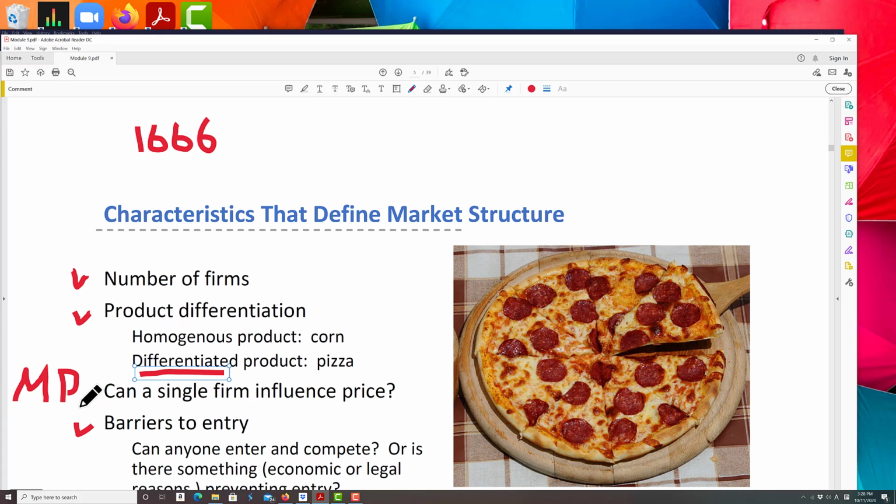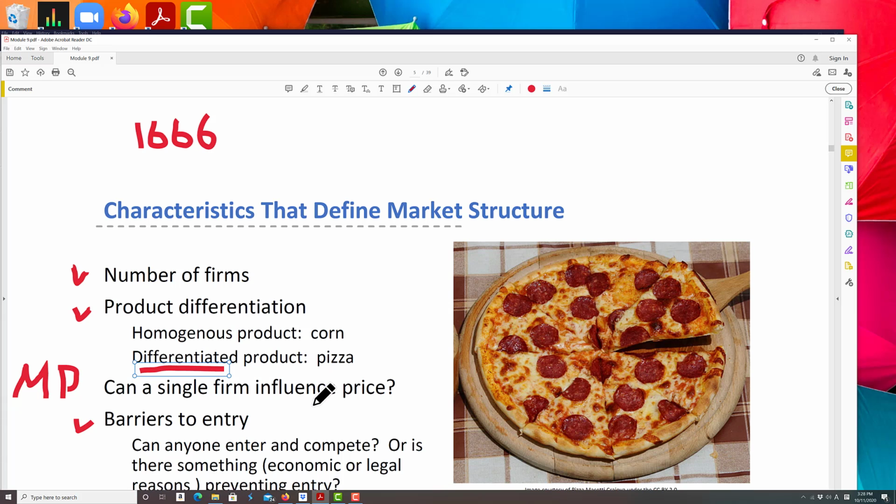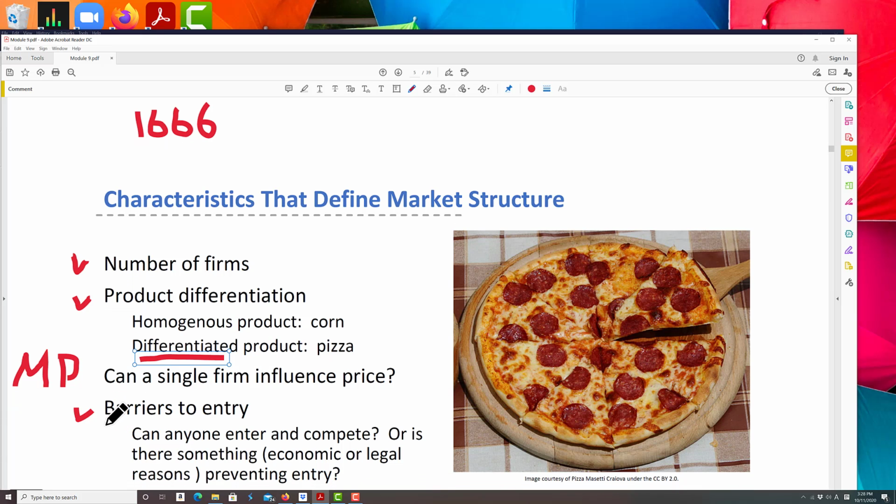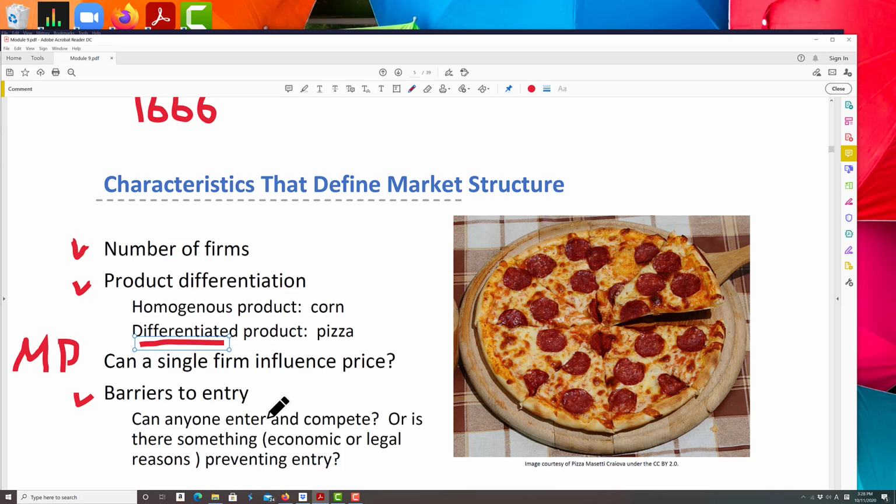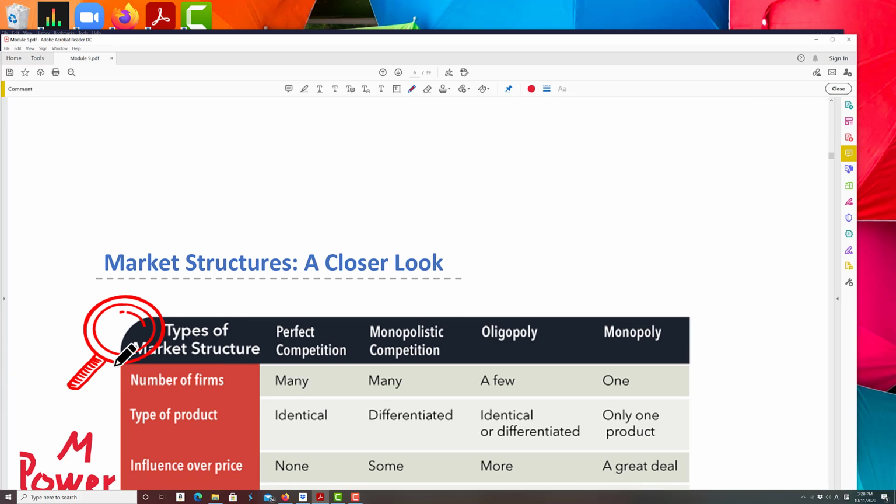And also, in terms of market power, can a single firm influence the market price or not? And finally, barriers to entry. How big is the entry barrier? Can everybody enter the market and compete with the incumbent firms or not? So when we are using a magnifying glass and look at the various forms of businesses, we can generate this table.